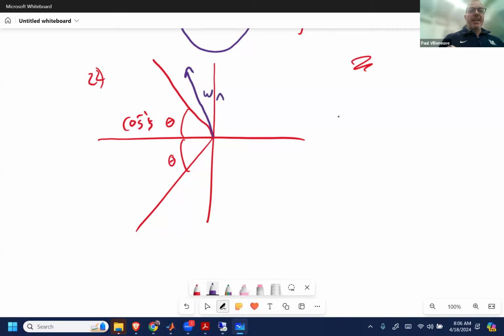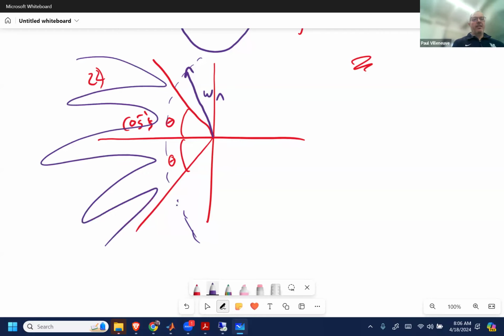So omega sub n has to be at least as long as whatever value I need to calculate so I get my settling time. So this here has to be at least this long. Okay. So the region is here.